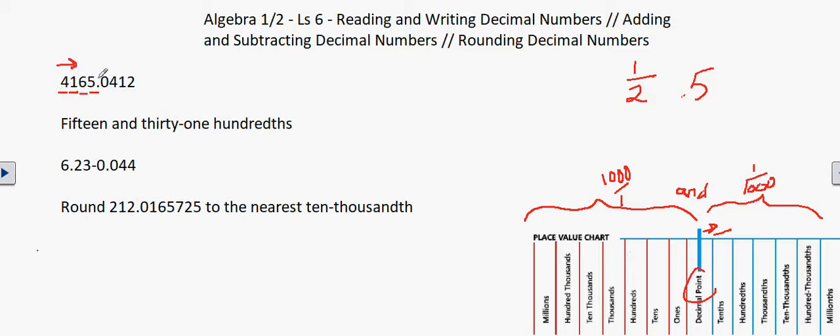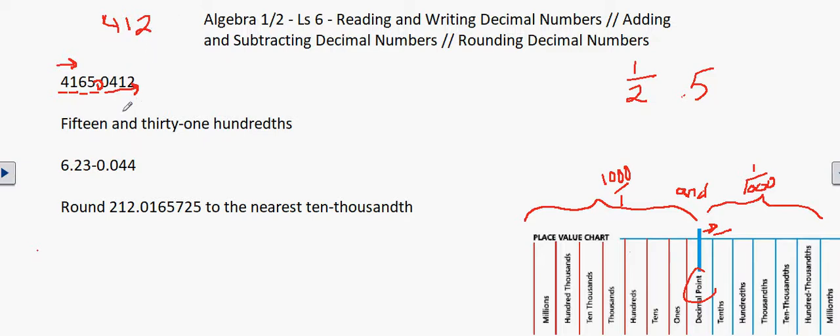Because if you put an "and" there, you've got two ands, and you'll get confused if you're listening. 4,165, and according to number 3 on page 23, it says to read the digits to the right of the decimal place as if they formed a whole number. Read it like it was this. Start it out just like it's worth this, 412. I can say that.